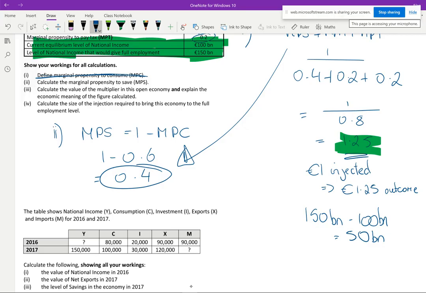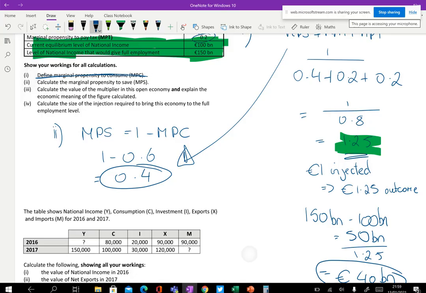So if we divide that by 1.25, how much do we actually need to invest? We actually need to invest 40 billion. Because if we put a 40 billion investment into the economy through the multiplier, that'll translate as multiplied by 1.25, you'll get 50 billion.